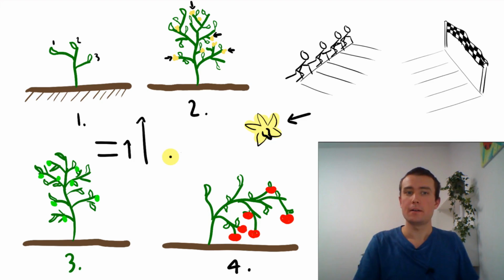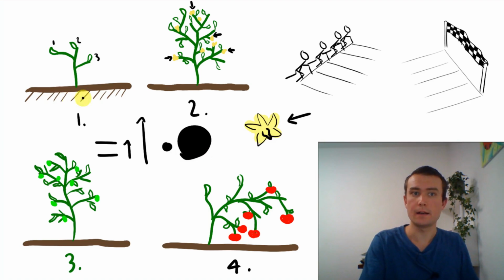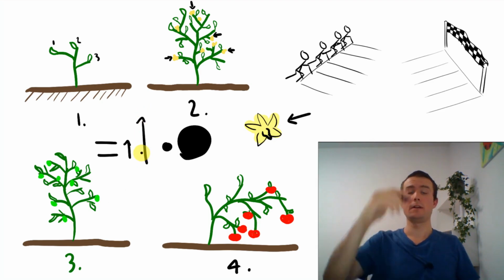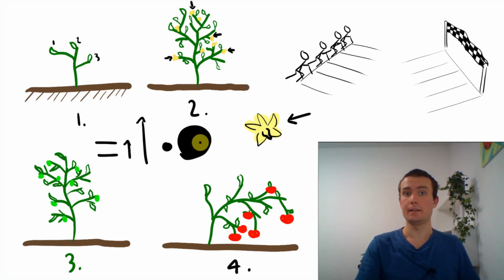How can the same plant be both small and big? Here, the plant is short and small. Here, the plant is tall and big. It's bigger than in the first drawing.